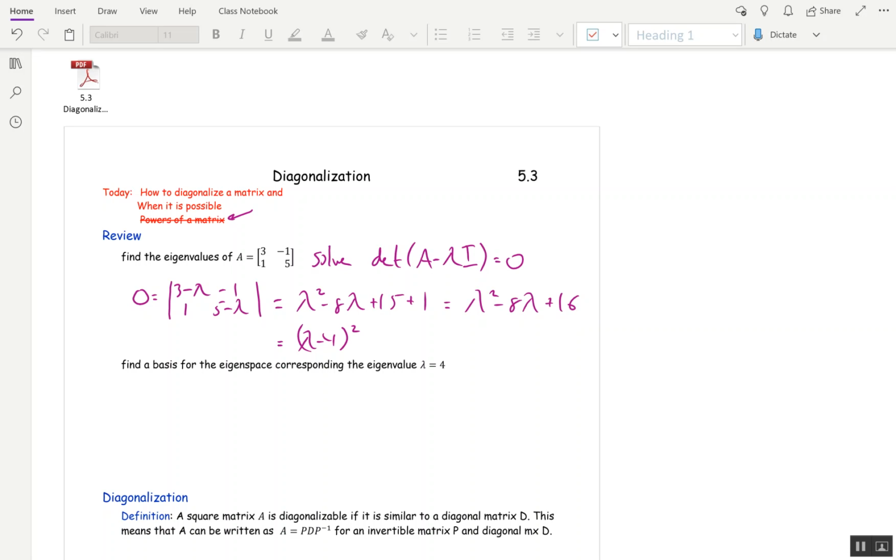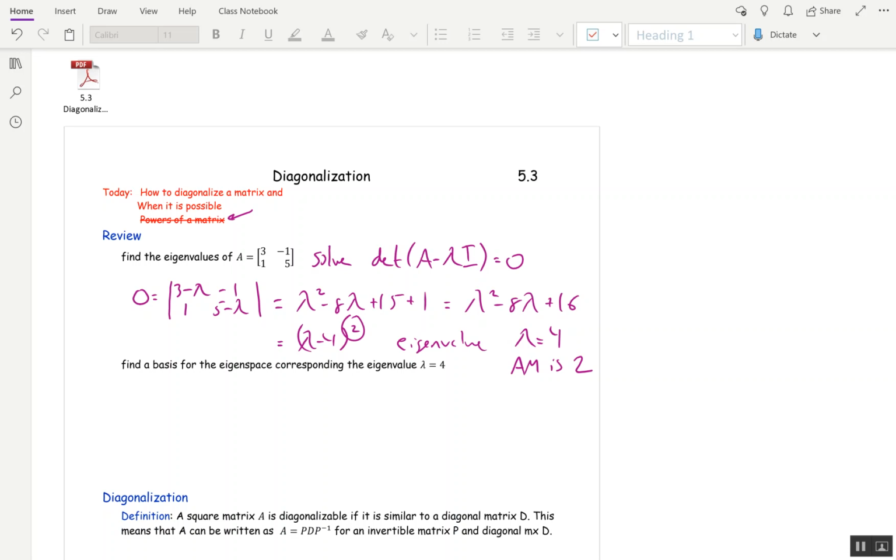So our eigenvalue is lambda equals 4, and there's only one of them. And note that the algebraic multiplicity of lambda equals 4 is 2, because the exponent in the characteristic polynomial is a 2.